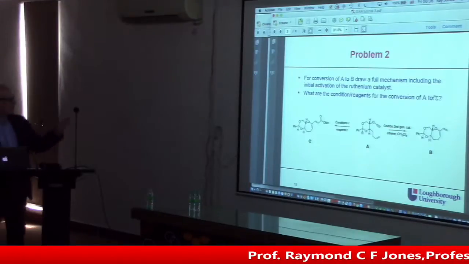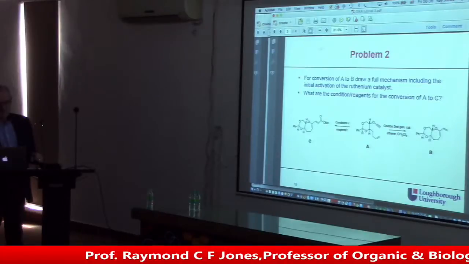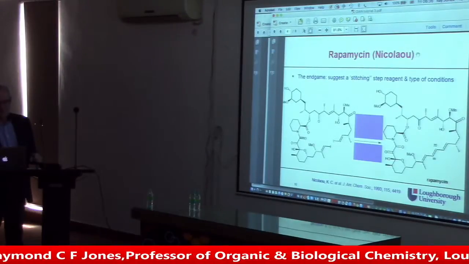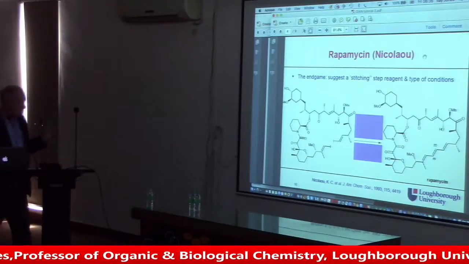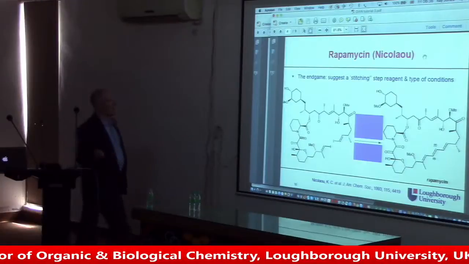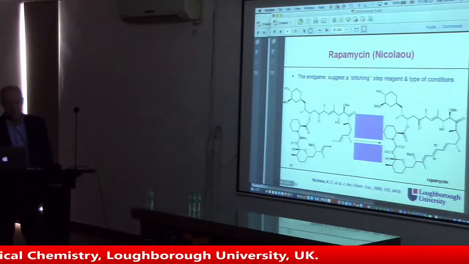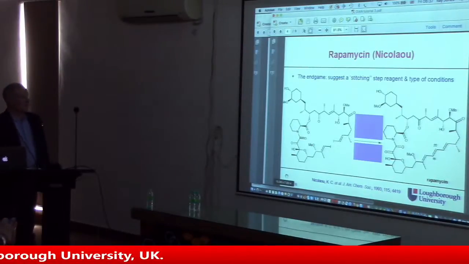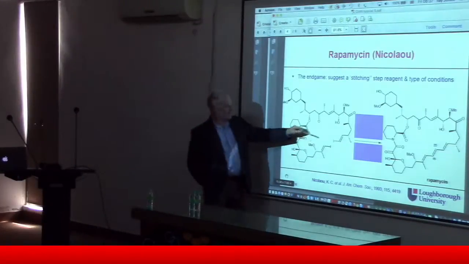Now, we won't bother with the conversion of A to C there, but let me find another problem now. Okay, now this is a big ring molecule made by Professor Nicolau, whose name we've seen already in the endiandric acids one. Look at what's happening.